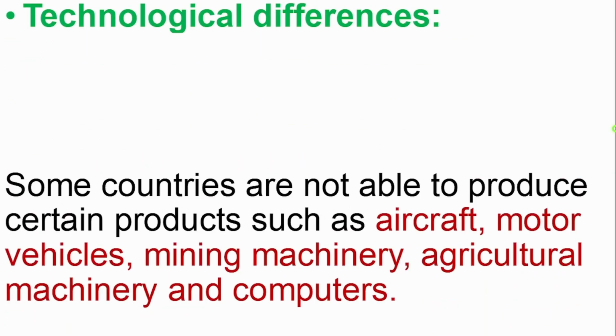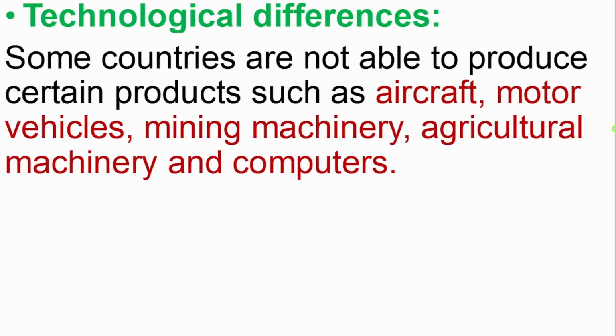The other point is technological differences. When we trade with other countries, let's say, for example, we want to buy cars or aircraft, we don't produce those in Zambia. Because there are countries that are more technologically advanced than Zambia, we trade with those countries.